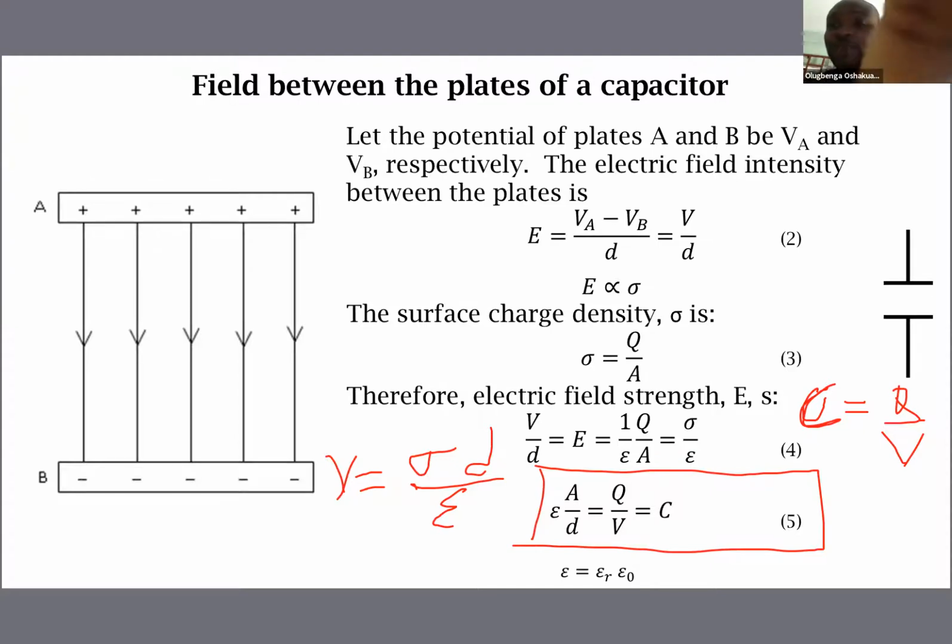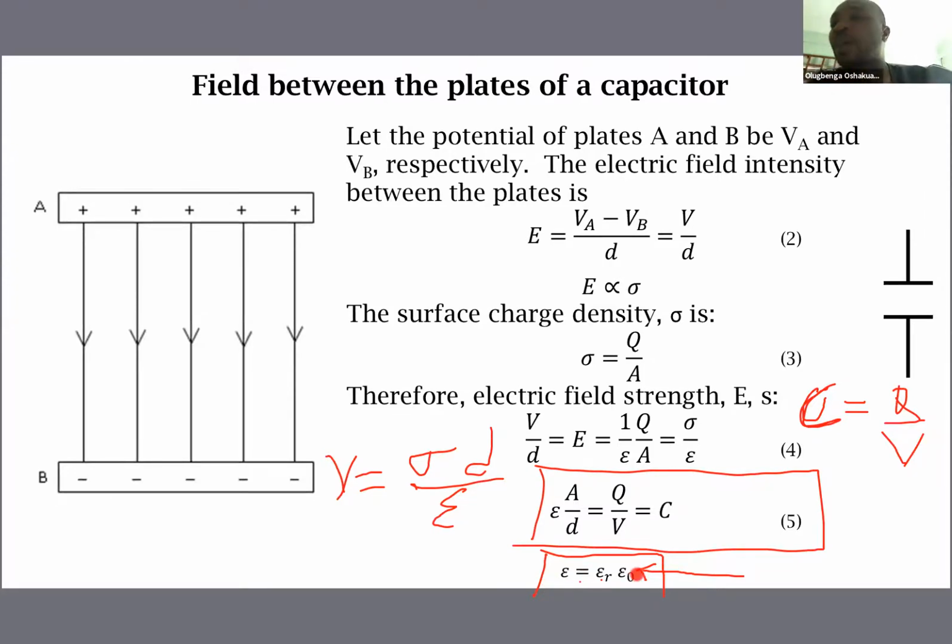We should always remember the relationship between epsilon R and epsilon naught. Epsilon naught is the permittivity of free space, and it is 8.85 times 10 to the power minus 12 farad per meter. Epsilon subscript R is the relative permittivity, while epsilon is the permittivity of a particular material.